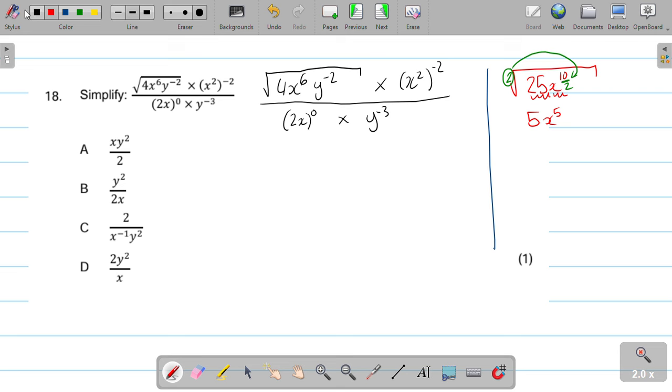So let's go and actually do that for this question over here. Let me choose green. So the square root of 4 is 2. If I had to divide that 6 by 2, you're going to get x to the 3, and then y, and then if I had to take negative 2 divided by 2, it's going to give me negative 1.